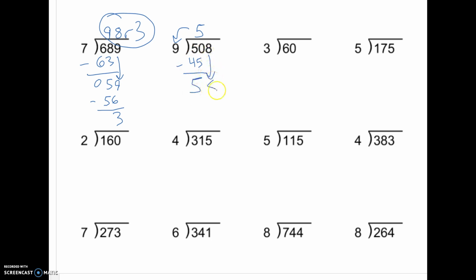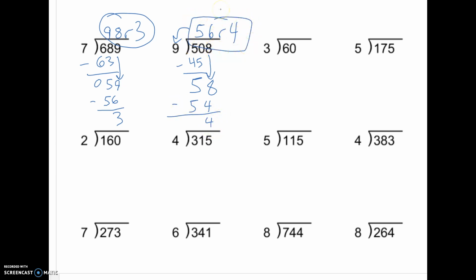Bring down your 8. Hopefully you're following here. If you need to pause it, went a little fast. 9 goes into 58 6 times. 6 times 9 is 54. And subtract. We have a remainder of 4.